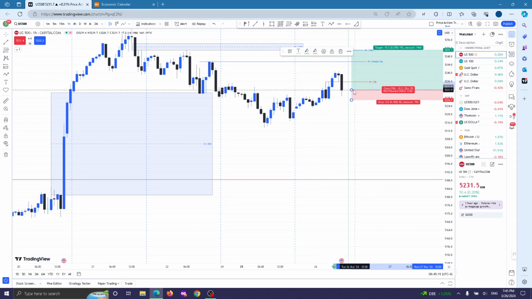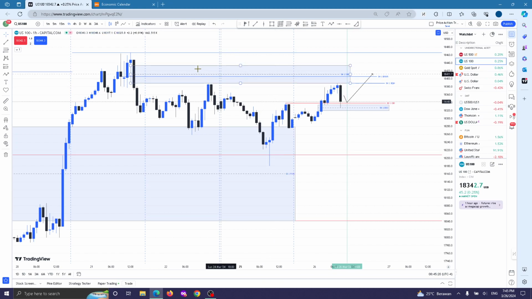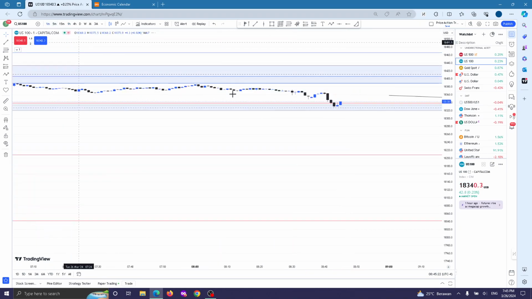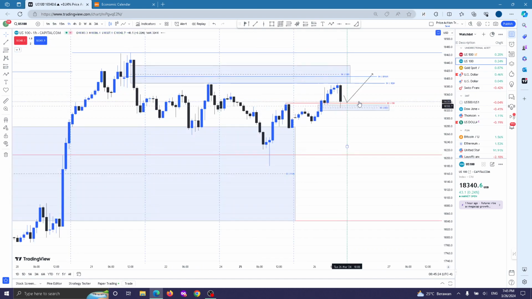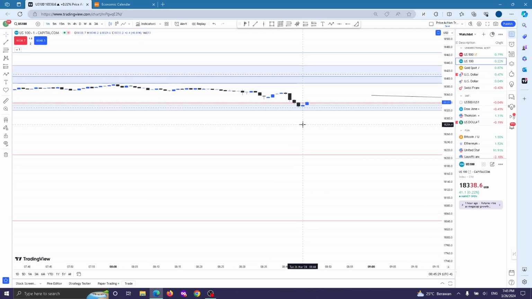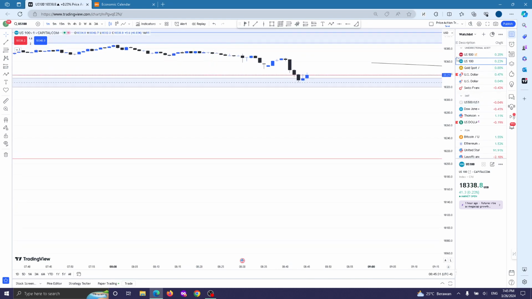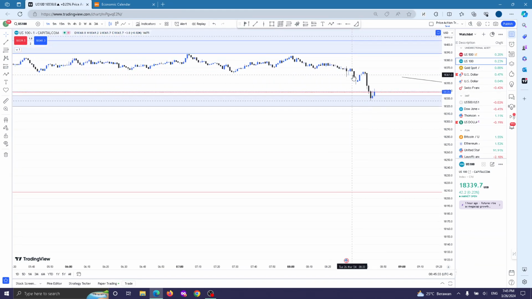But I'm bullish on the 4-hour, so I want to see 1 hours. Oh, we have displacement. Look at that. How we react to that 1 hour CB. I want to see displacement up for me to enter on.